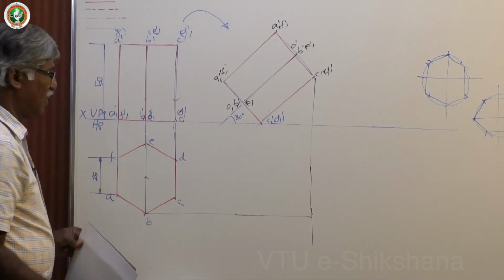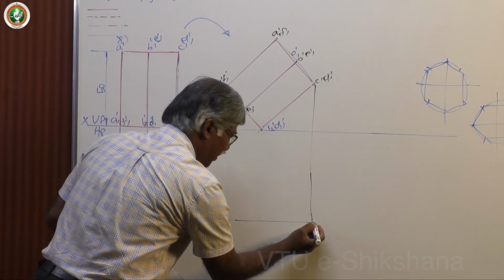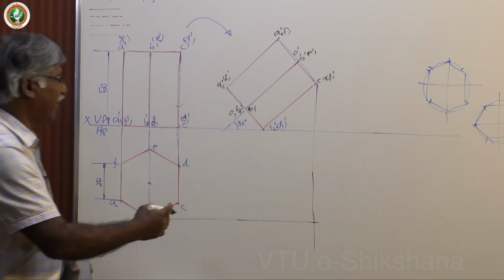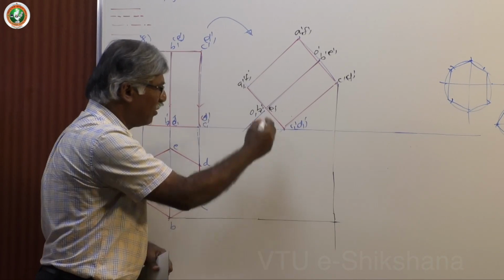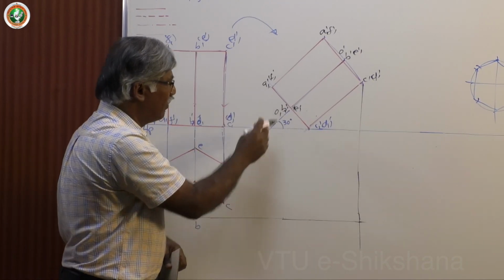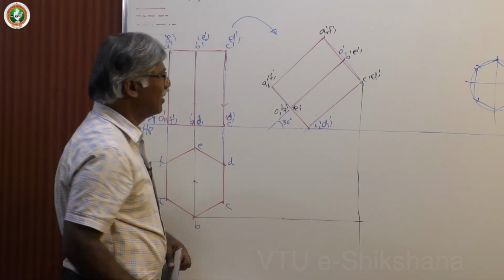Let it have some intersection, a little bit, not more than that. Now, unnecessary lines you can avoid. Project all these corners. Now, I have clear cut corners A, B, C, D, E, F for the base as well as A dash, B dash, C dash, D dash, F dash.